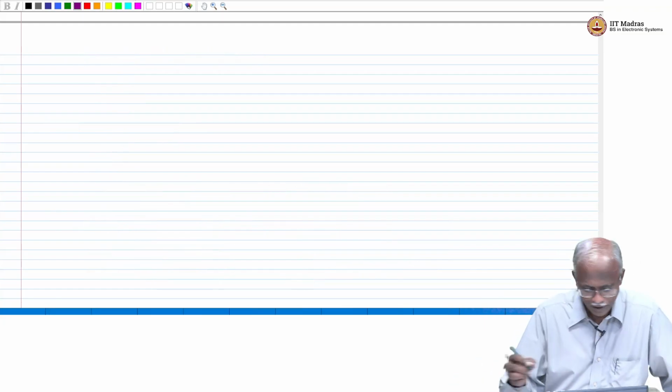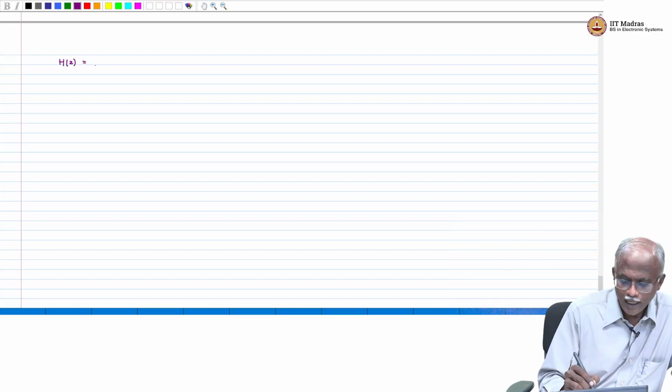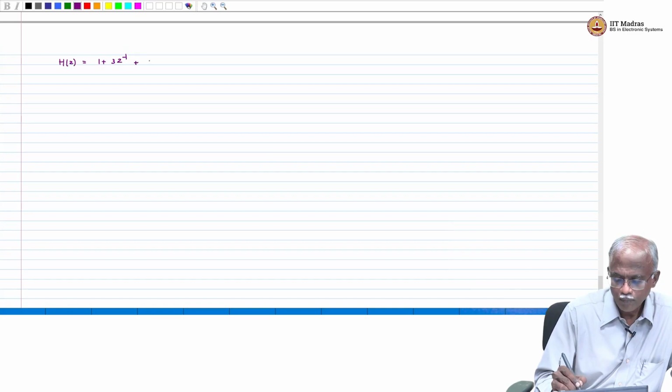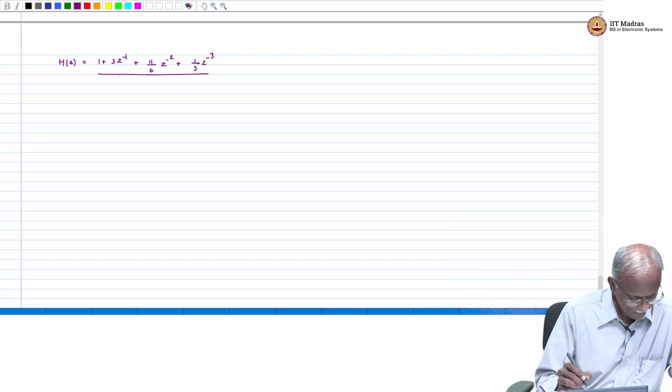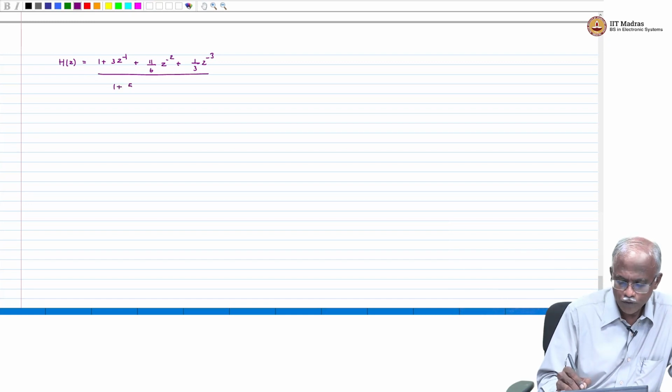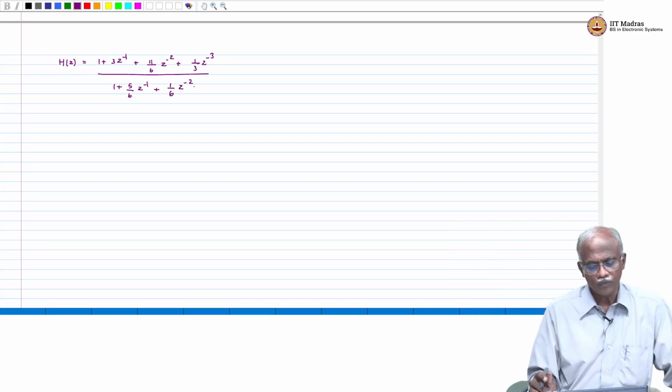So let me just give you an example. Okay, supposing you have a Z transform which is given by 1 plus 3 z inverse plus 11/6 z to the minus 2 plus 1/3 z to the minus 3, divided by 1 plus 5/6 z inverse plus 1/6 z to the minus 2.